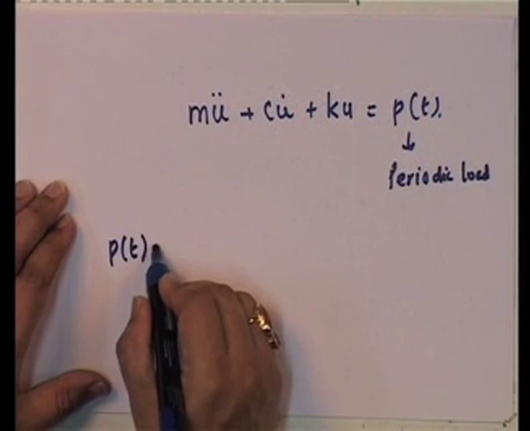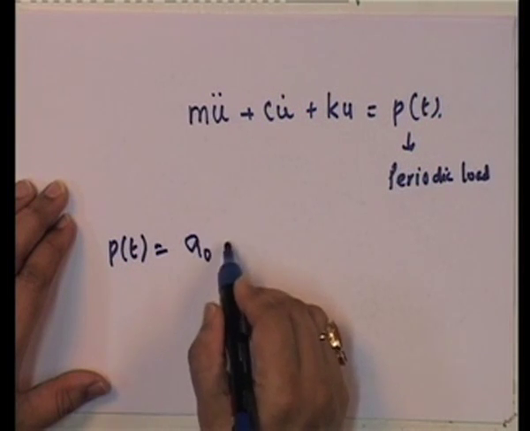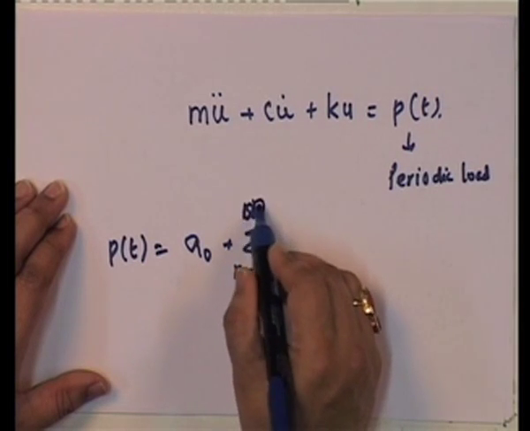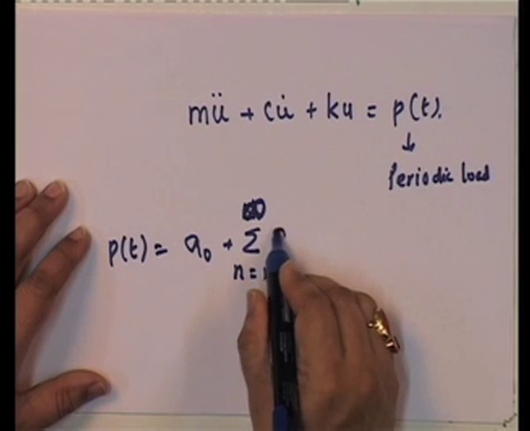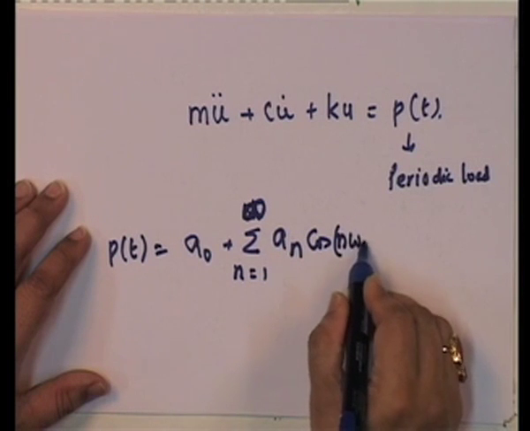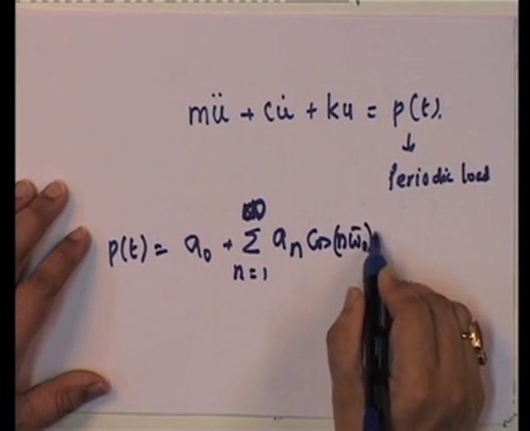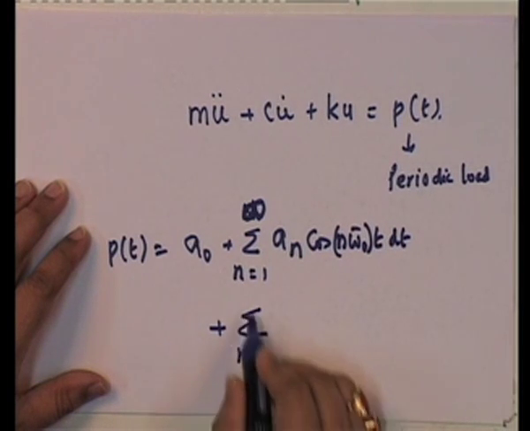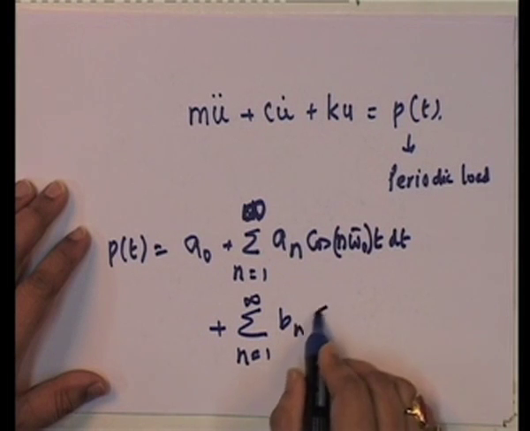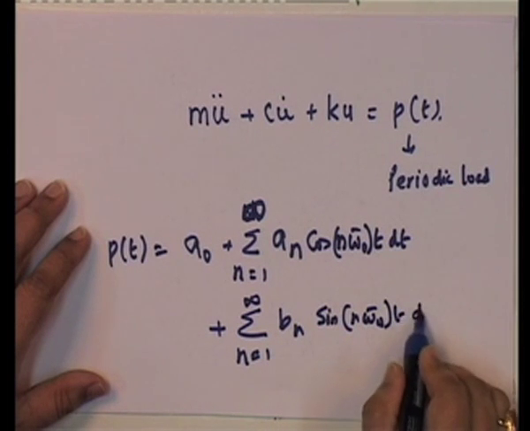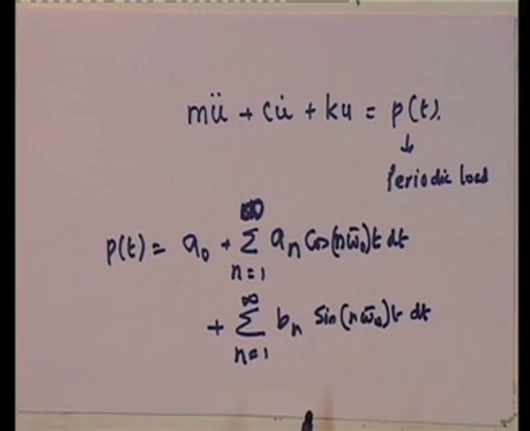Now, P of t is given as A0 plus the summation, n going from 1 to infinity, of An cosine n omega 0 t plus Bn sine n omega 0 t.